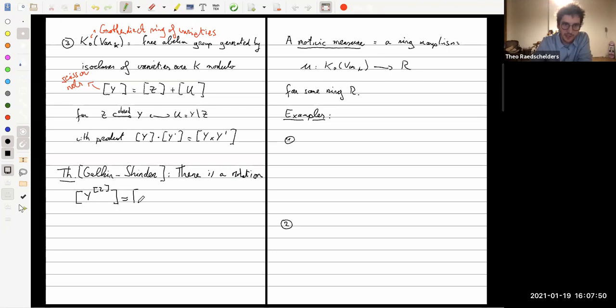is equal to the class of n-dimensional projective space multiplied by the class of the cubic plus L squared times the class of the Fano variety. So this is taking place in this ring we just defined. And L is, of course, the class of the affine line.